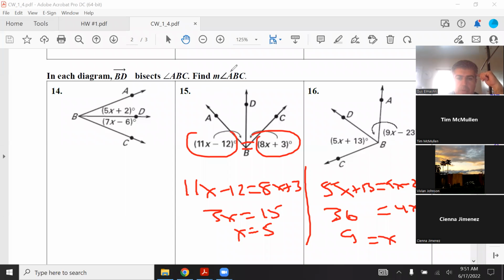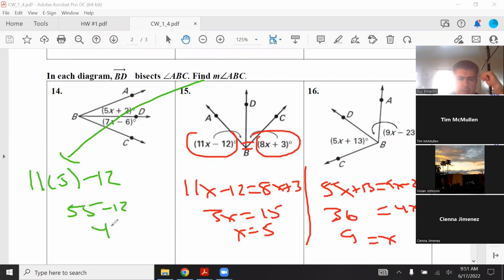So what you could do is do 11 times 5 minus 12 to get one of the halves, which is 43, and then multiply that by 2. Or here, you can take one of the halves, like say 5x plus 13, so 5 times 9 plus 13, which is 58. Multiply that by 2, you get 116 degrees. So that's how those would work themselves out.